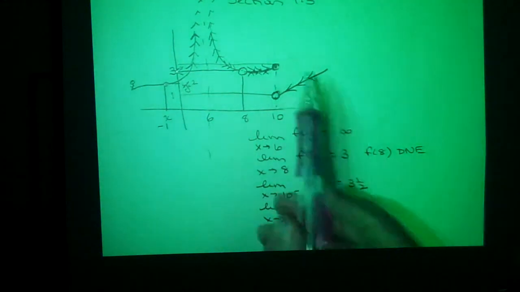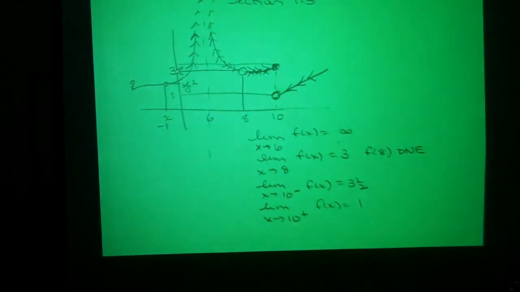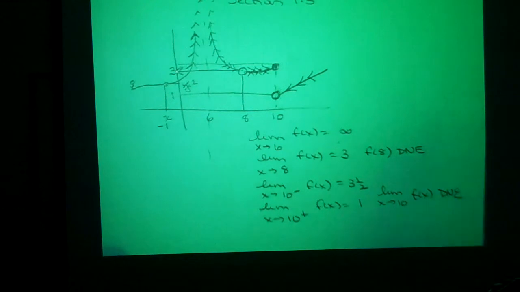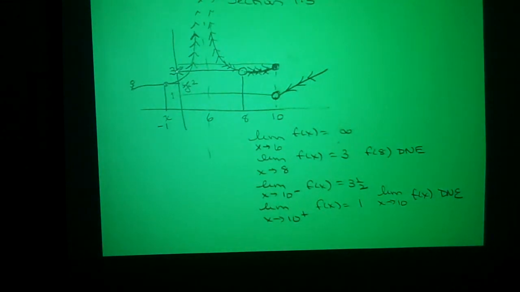It doesn't matter if it's a closed circle or an open circle. I'm still approaching that y value. And if that's the case, then I say the limit as I approach 10 of my function does not exist. Because if the limit from the left and the limit from the right aren't the same, it doesn't exist.